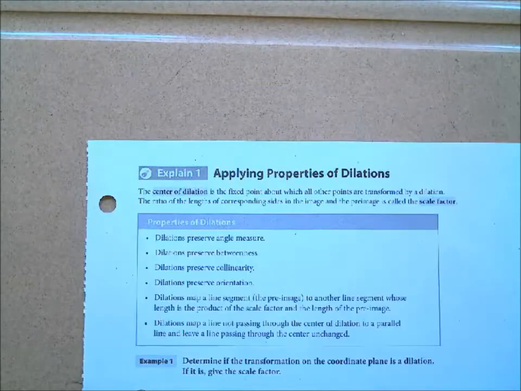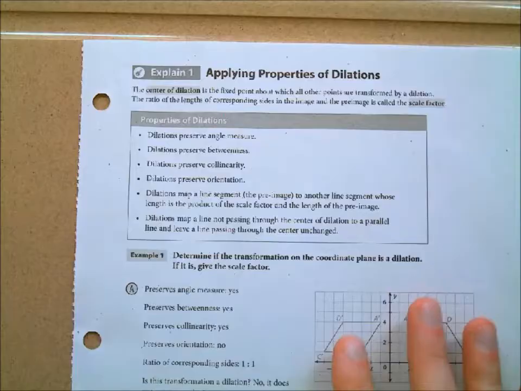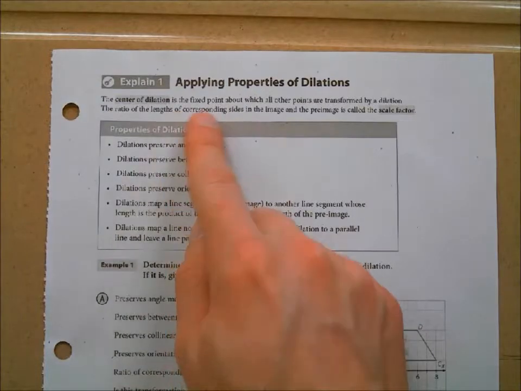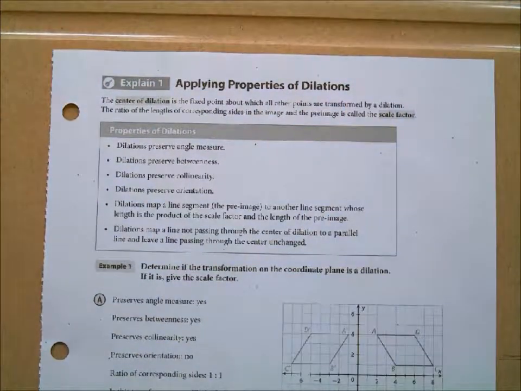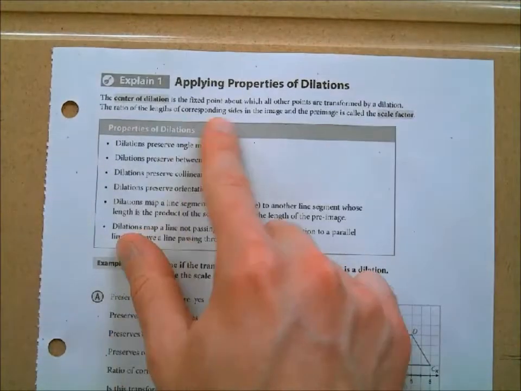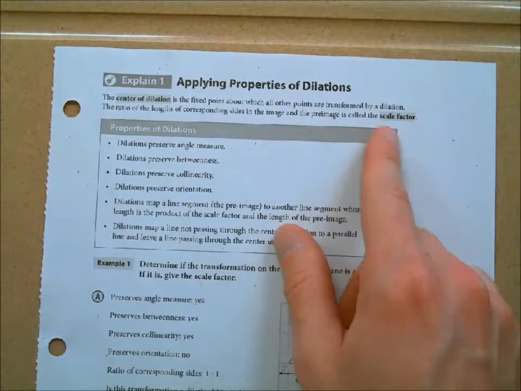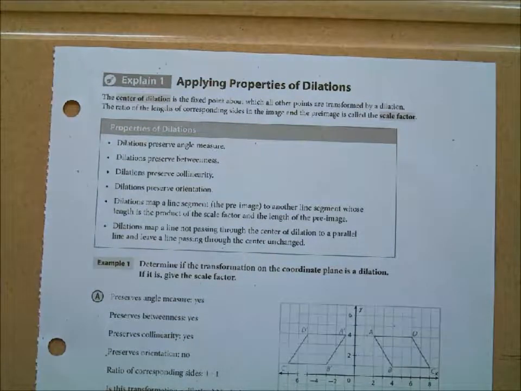Okay, all right. Let's take a look then at these properties of dilations. All right, so the next page there. So properties of dilations. The center of dilation is the fixed point about which all other points are transformed by a dilation. The ratio of the lengths of corresponding sides in the image and the pre-image is called the scale factor. This is crucial here, so I want to make sure I highlight this.